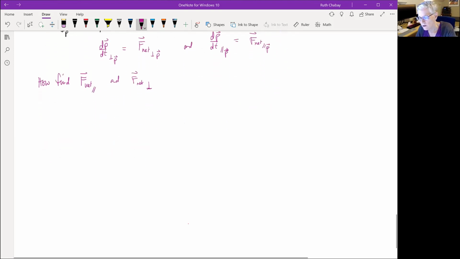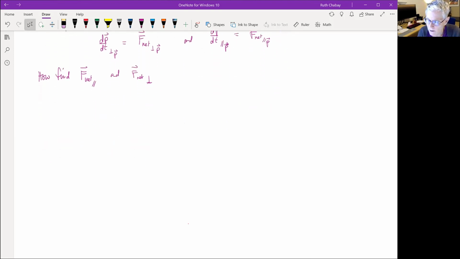Well, mathematically, we can use a way of combining vectors called a vector dot product. It's a way of combining two vectors that actually gives you a scalar.